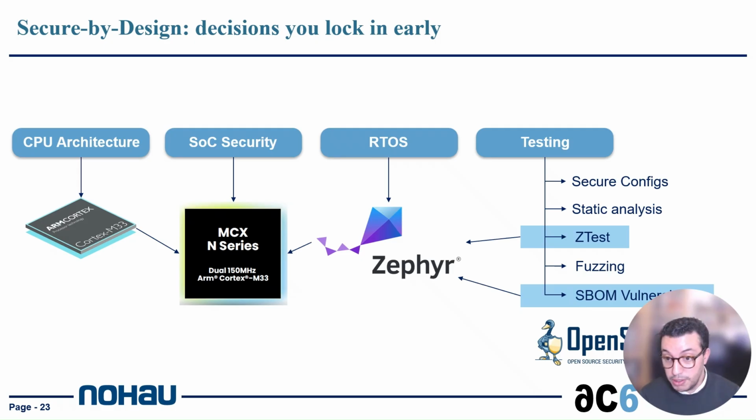We also have the fuzzing part. CRA expects manufacturers to use testing methods that can detect security issues. Fuzzing is one of them. So we can do protocol fuzzing, API fuzzing, input mutation testing to reveal any new memory corruption, crashes, or unexpected behaviors. We also have SBOM vulnerability scanning.